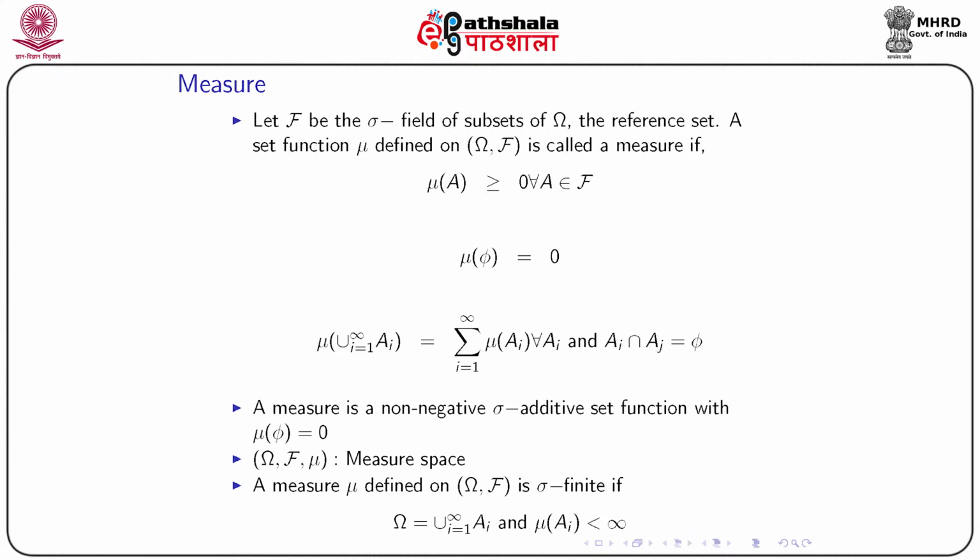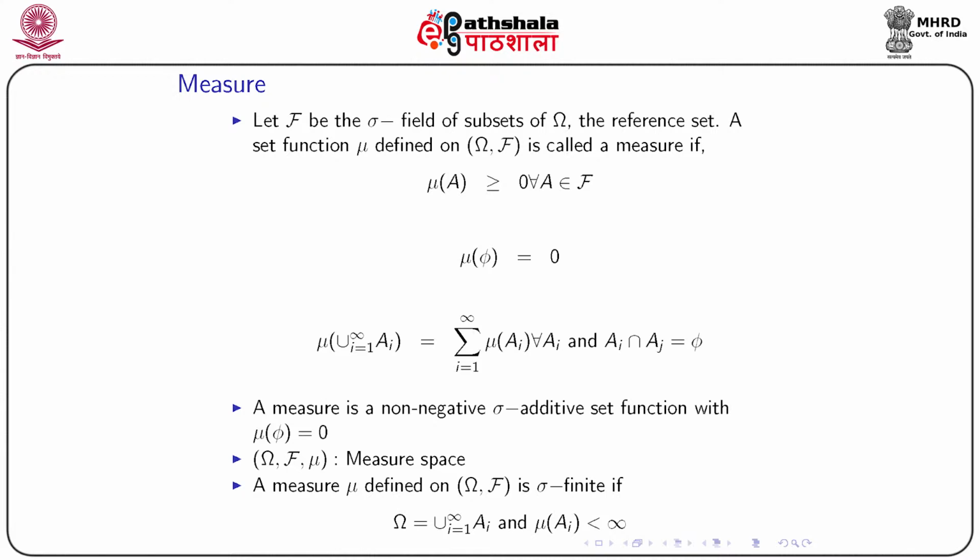A set function mu defined on this space omega and script F is called a measure if it satisfies the following. The first condition is that mu(A) is greater than or equal to 0 for all A belonging to the sigma field. That means measure is non-negative.